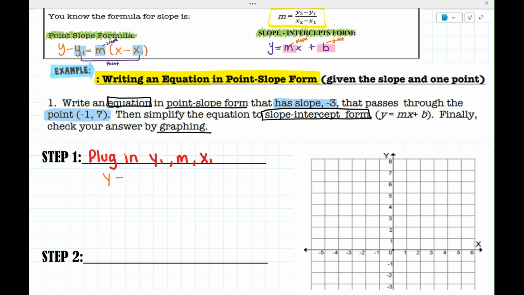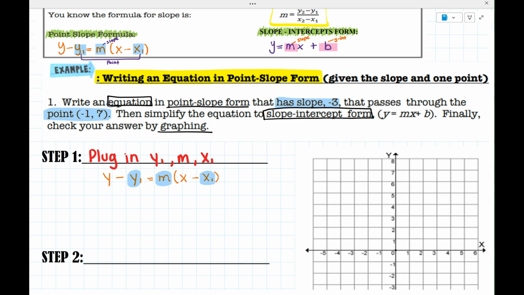So let me go ahead and rewrite our point slope format here. And then I'm going to go ahead and highlight the 3 items that will be substituted with values.